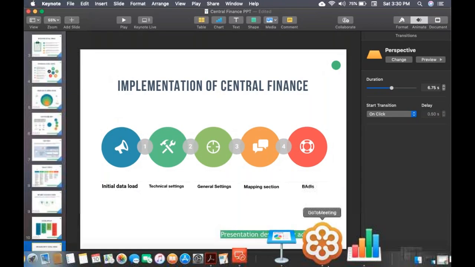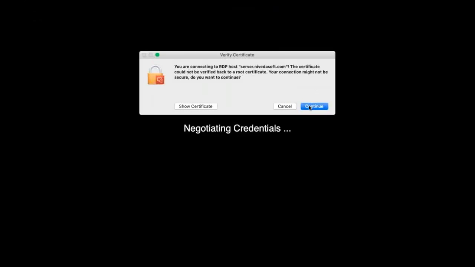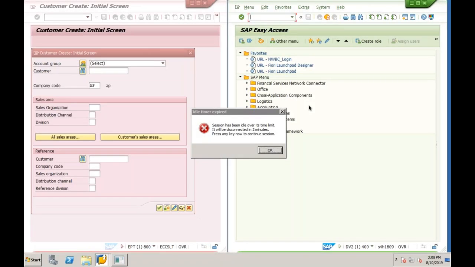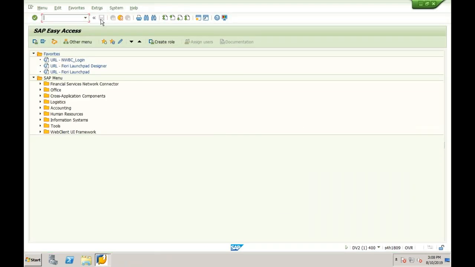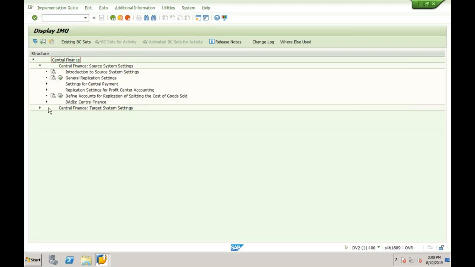Normally if you see in the system, most of the people see this transaction code and think Central Finance is nothing but CFIN IMG. Most of the people think this is central finance.